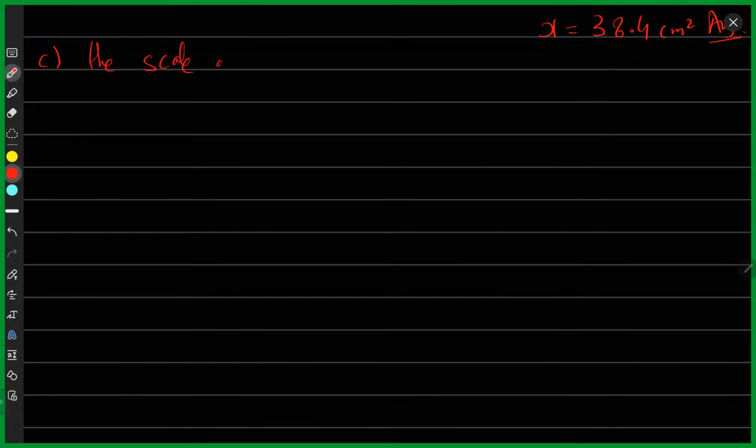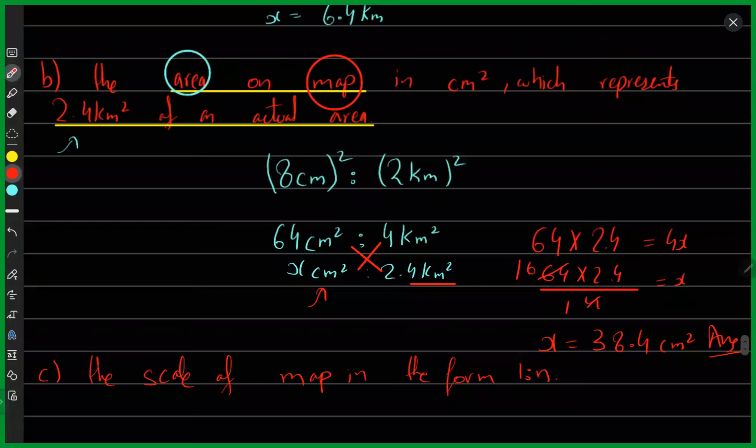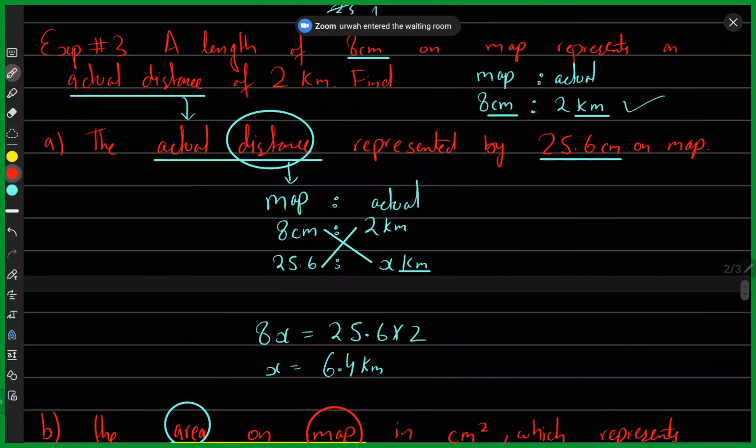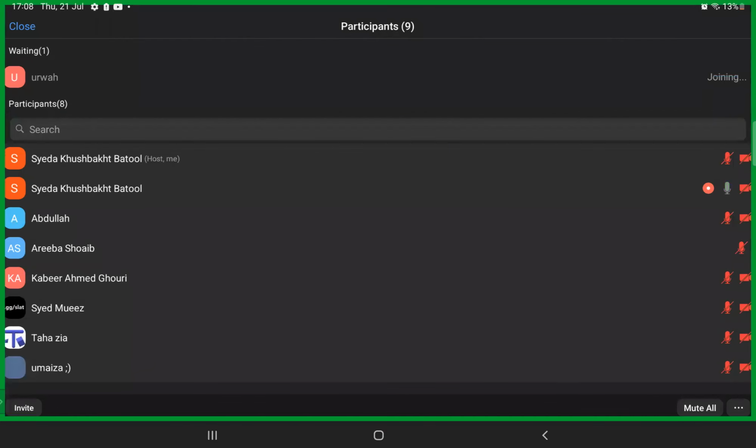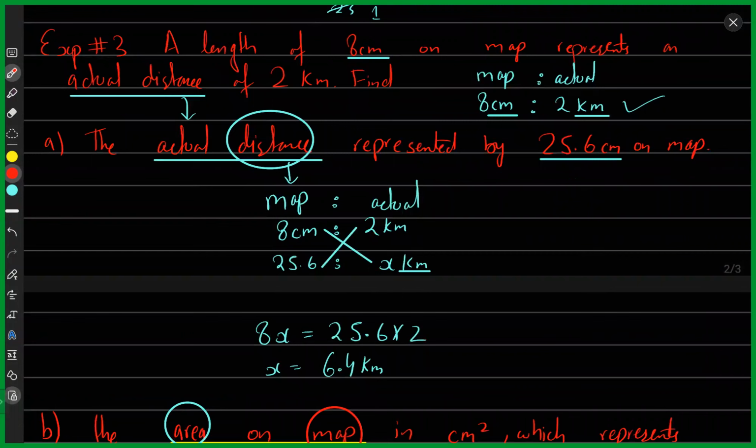The scale of map in the form 1:n. All right. So this was example 3 that we were discussing in the last class.